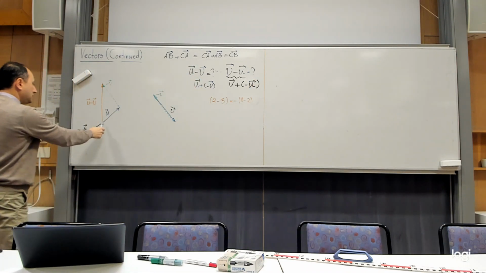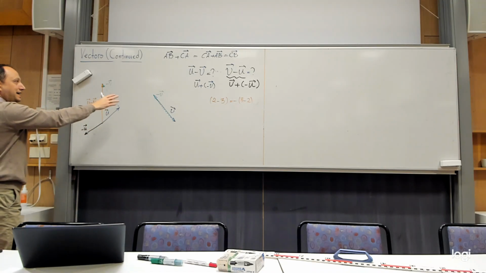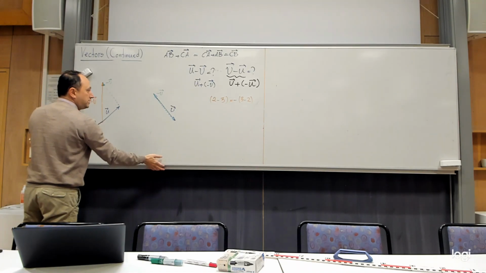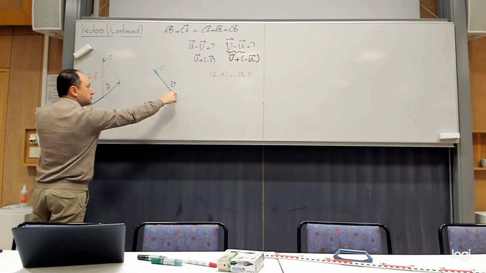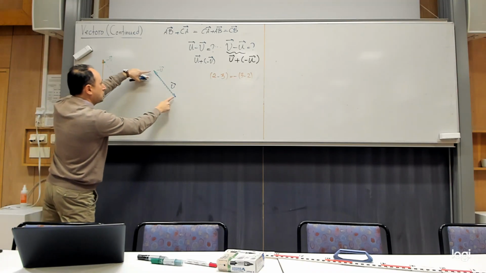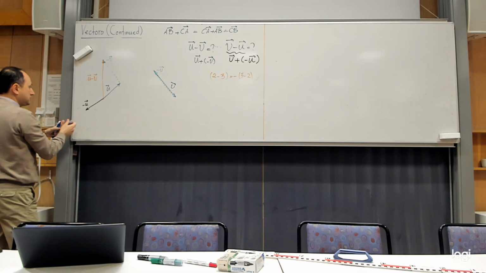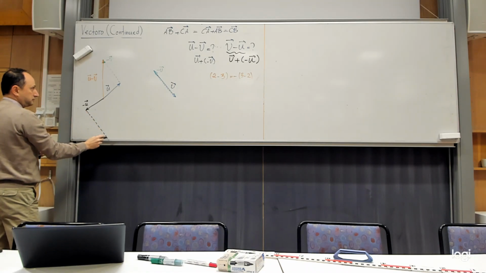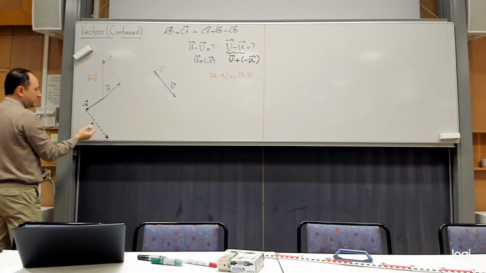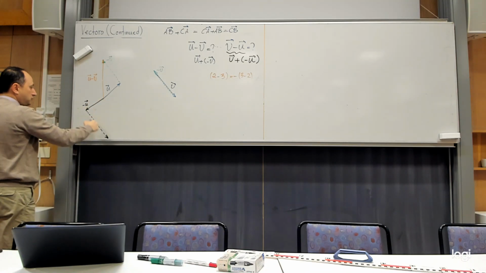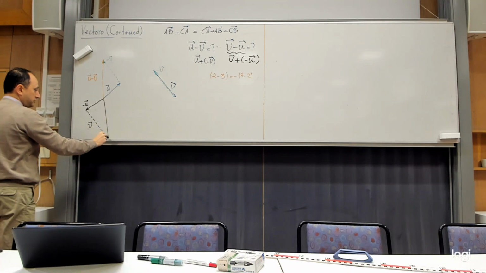Okay, this is minus u. I want to add v to it. So what I do, I parallel transport v, but I draw it from the tip of this arrow. So it means that I will take this one and put it here, yes? I cannot draw them exactly, but if I add this one and that one, this becomes this vector.